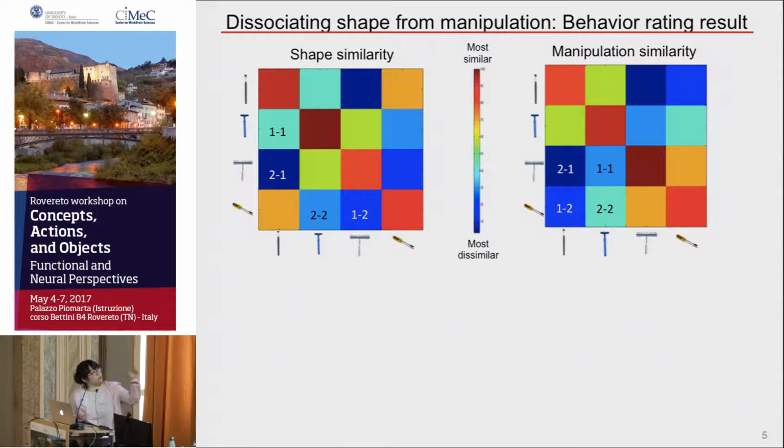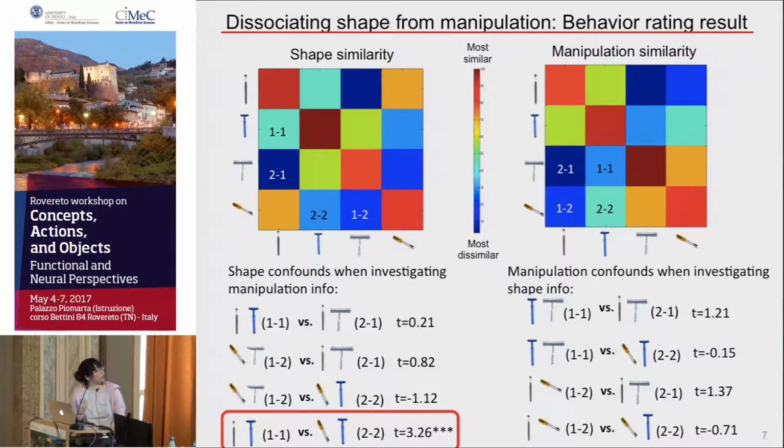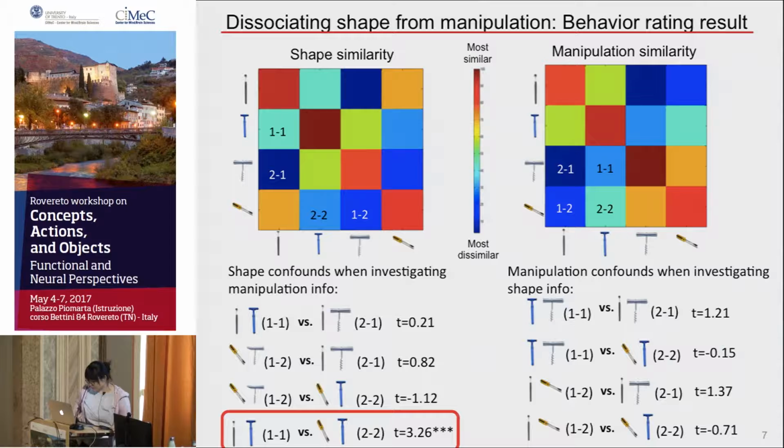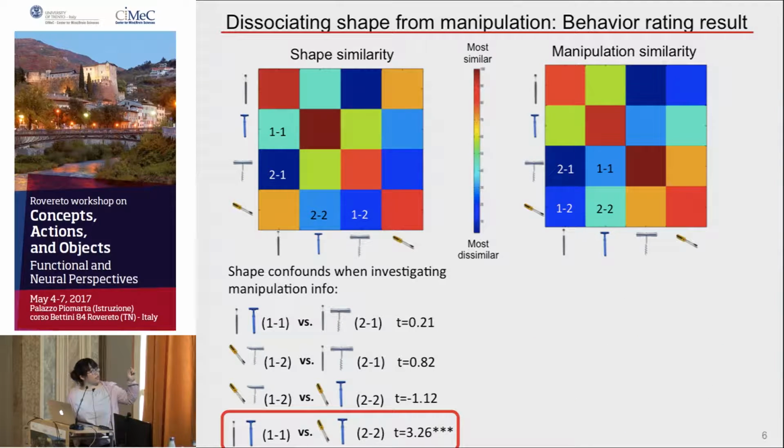Here are the behavioral results, taking the investigation of manipulation information as an example. When we investigate the manipulation information, we want to make sure that the effect we observed was not driven by shape similarity confounds.